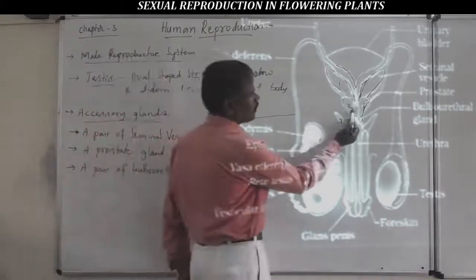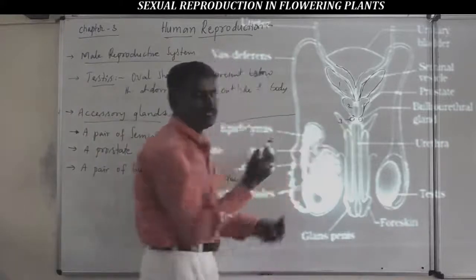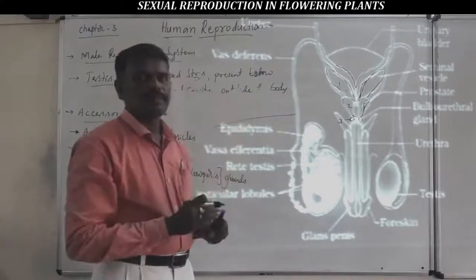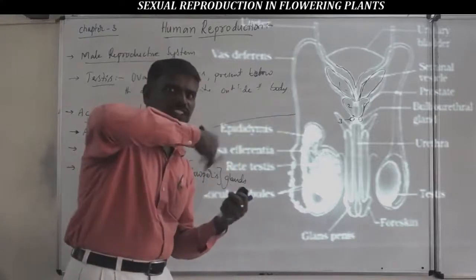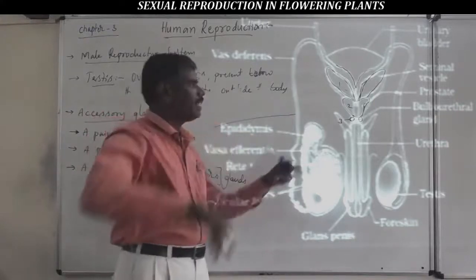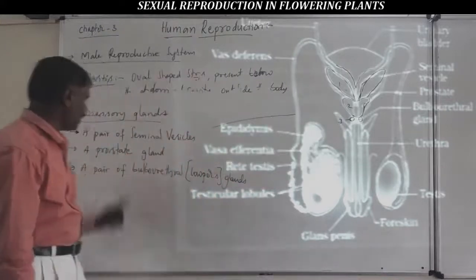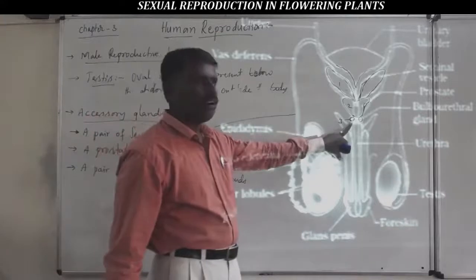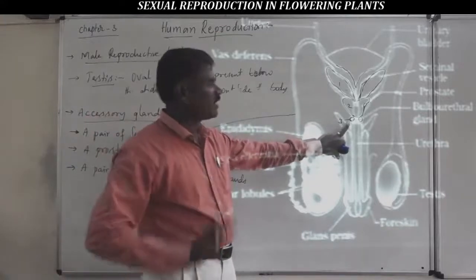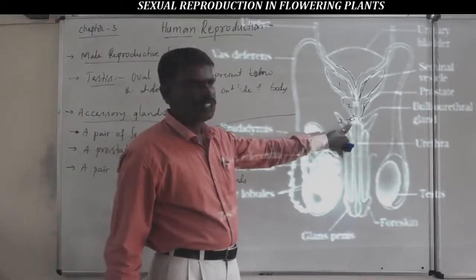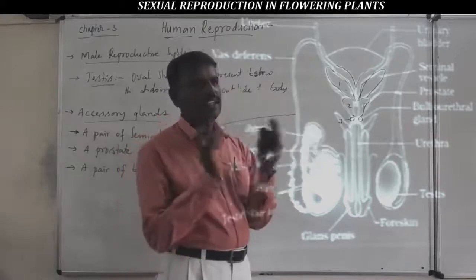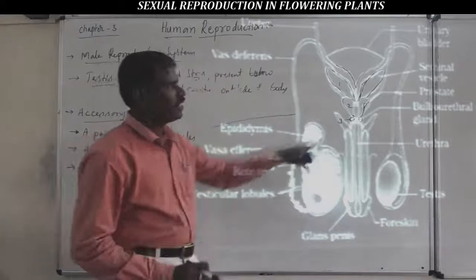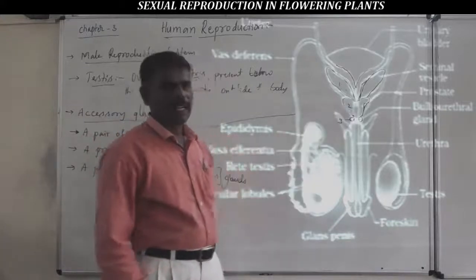A single prostate gland which is completely encircling the urethra, that is the prostate gland. And a pair of bulbourethral glands, also called Cowper's glands, which are present on the lateral sides of the urethra, just below the prostate gland.